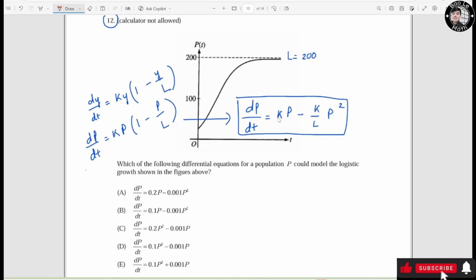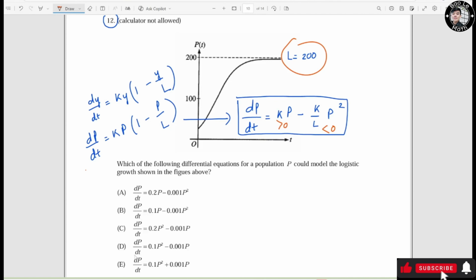A correct logistic equation must have a positive linear term kP, a negative quadratic term, and level off at the carrying capacity L.